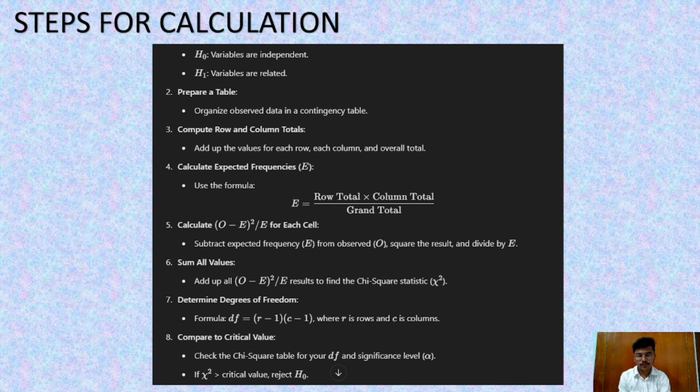Then we use this formula to compute and calculate the values. Then add up all the values to find the chi-square and determine the degrees of freedom. The degree of freedom formula is row minus 1 times column minus 1, and then we compare with the critical value.